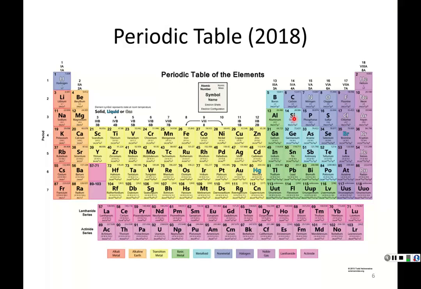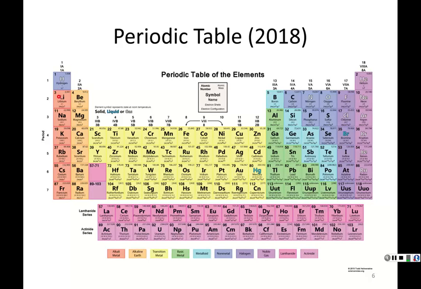This is a modern periodic table. I made these slides in 2018, so that's where this is from, but I don't think anything major has changed since then. And again, how we have the periodic table organized is based on valence electron configuration, right?